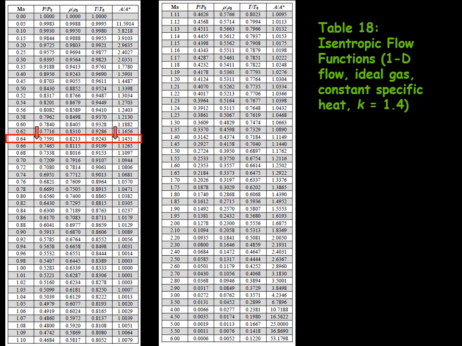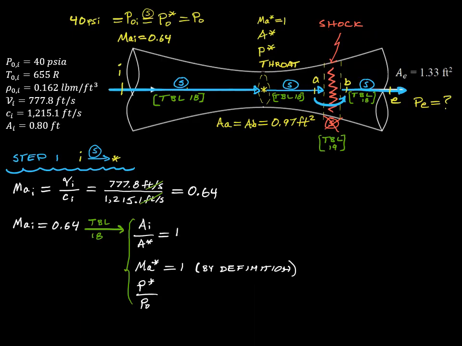We can pull out the ratio of the area at the inlet divided by the area at the throat, and then we can do the same with pressure. We can record those values. The area at the inlet divided by the area at the throat is 1.1451, and the pressure at the throat divided by stagnation pressure is 0.7591.